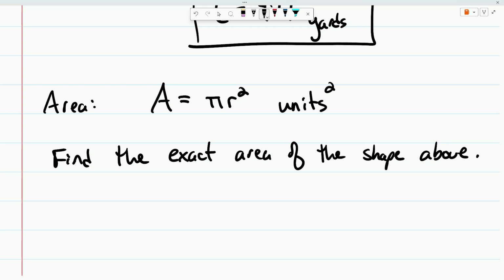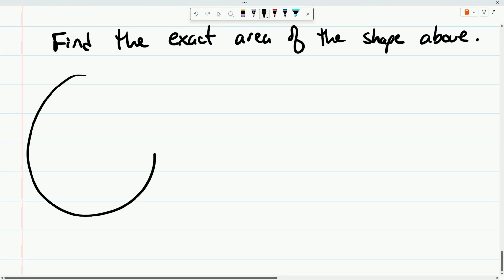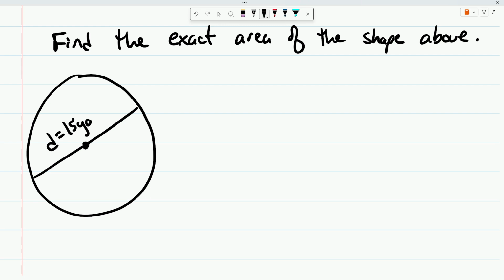So if you remember, we had a circle with a diameter equal to 15 yards. Our formula for area is pi r squared, which means we actually have to take our diameter and divide it by 2 to get the radius.